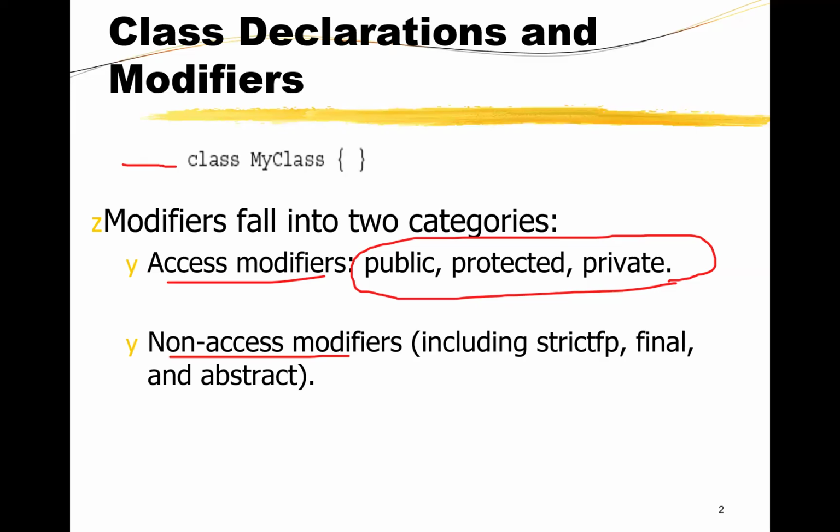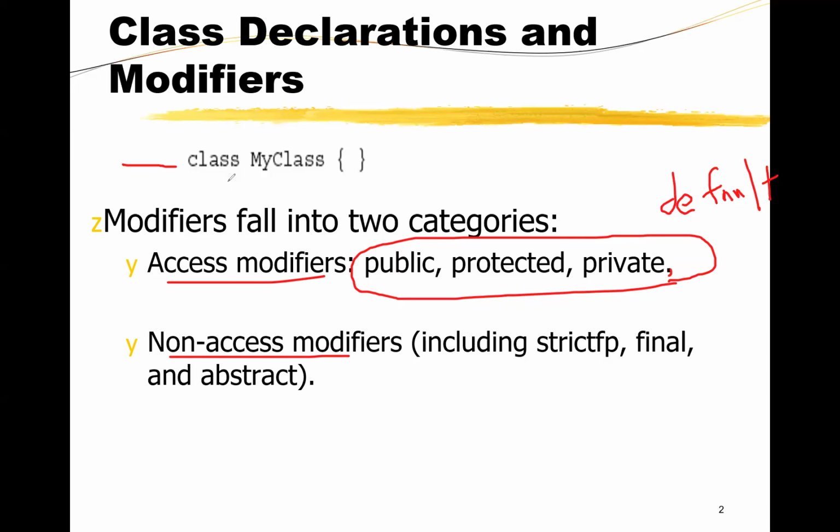Mainly for access modifiers, we can have public, private, protected, and default. For the default access modifier, we just don't type anything. That is how you can define the default.